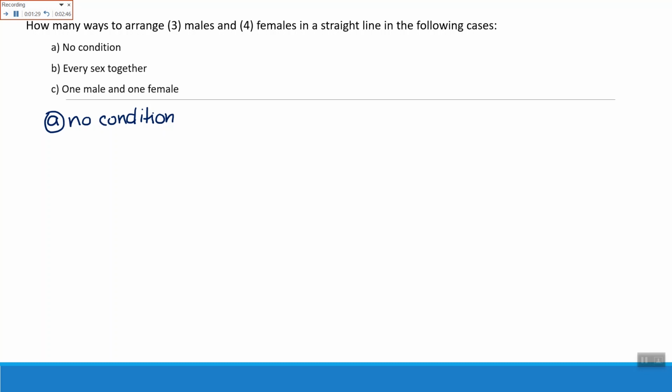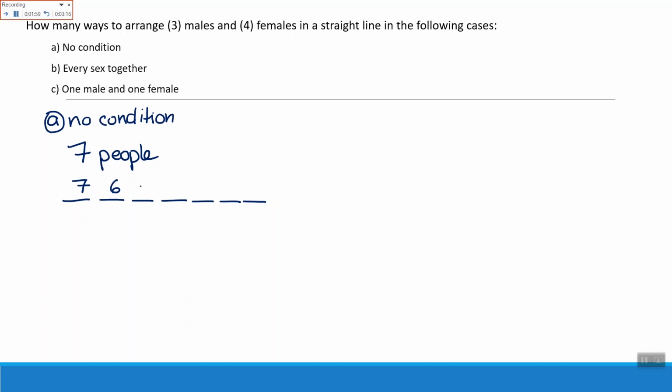So if there is no condition, there is no importance for being male or female. We have 7 people, and this is a straight line, so 7 places. Of course it's going to be 7 options here, because I can put a male or a female, there is no condition.